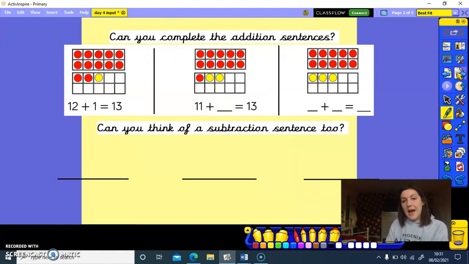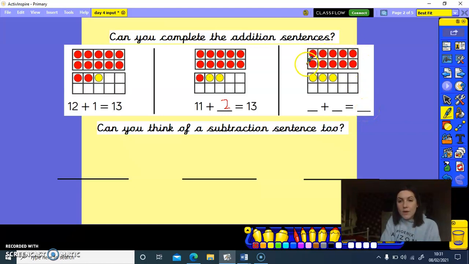Another challenge you are going to have is to complete the addition sentence and then think of a subtraction sentence. So I've got 11 red already done for me, plus something equals 13, plus these here, let's count them, 1, 2, plus 2. This one here, I haven't got anything filled in, so I need to do it by myself.